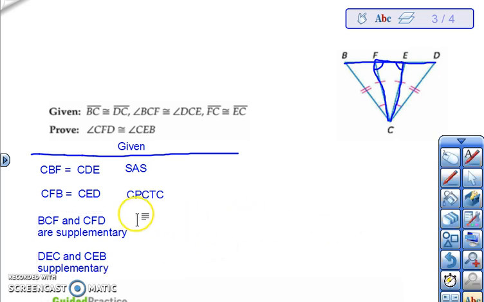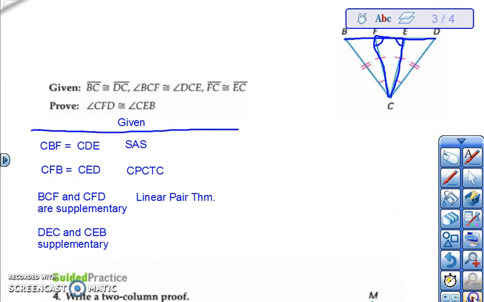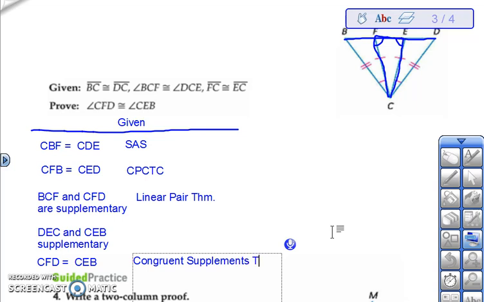And this is because they are linear pairs. So this is going to be the linear pair theorem. And then the last thing we need to say, angle CFD is congruent to angle CEB, because both of those angles are supplementary to a pair of congruent angles. So this is our congruent supplements theorem.